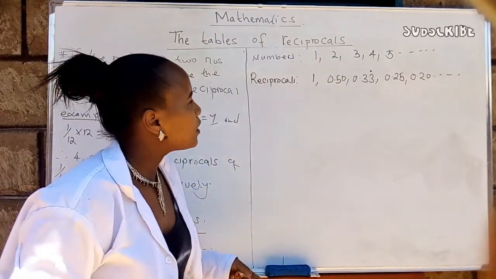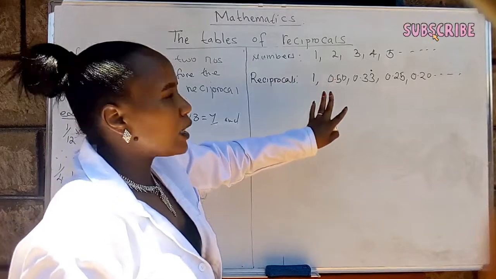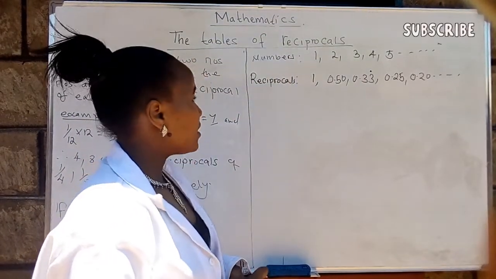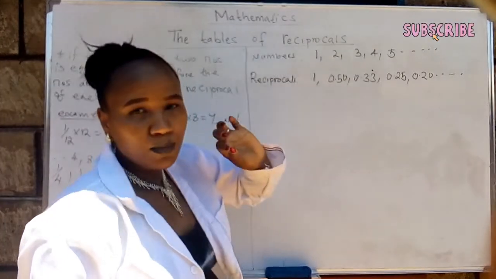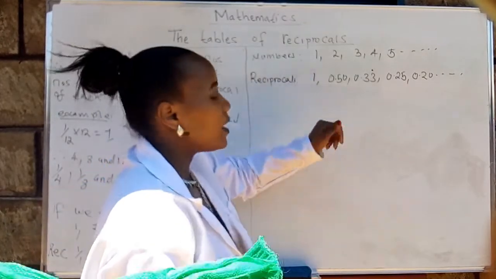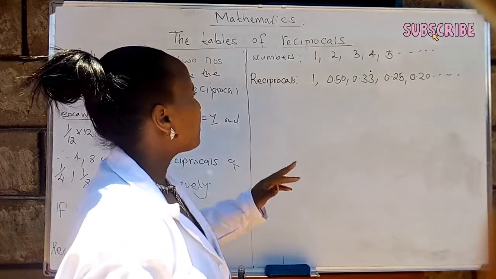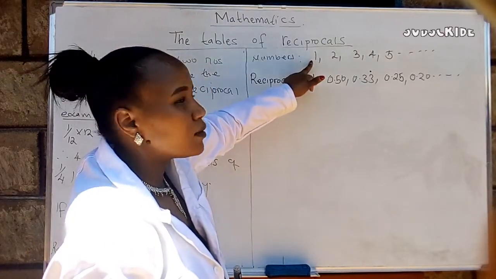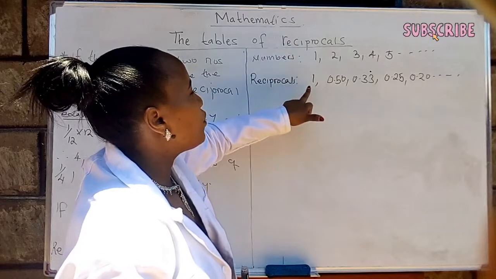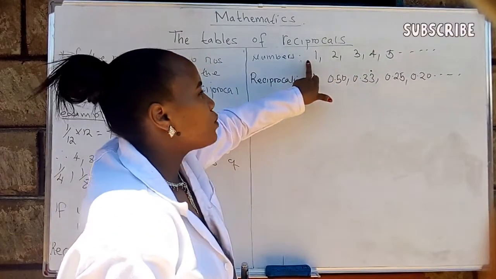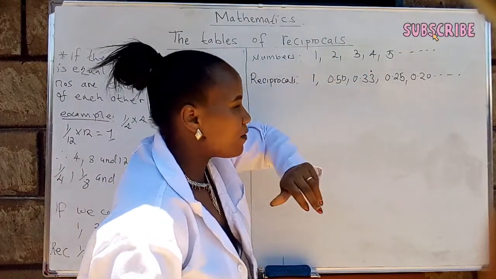So if you keenly look at the reciprocals of these numbers, you will realize that the smaller the number, the larger its reciprocal. So this means that the reciprocal of 1 will be greater than the reciprocal of 5, because 1 is smaller than 5.